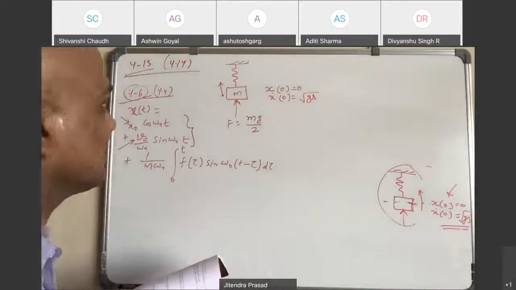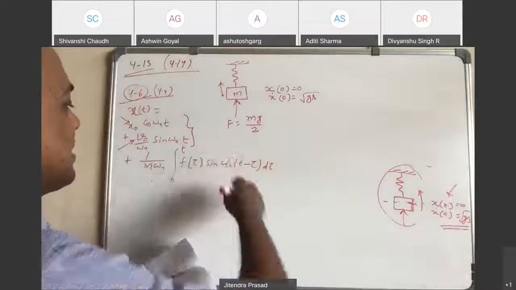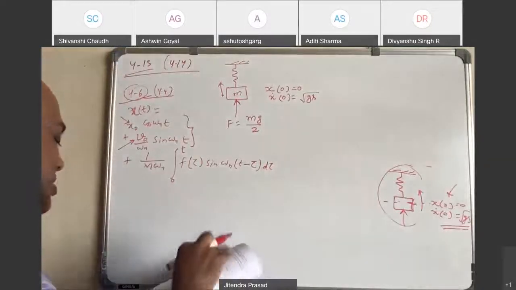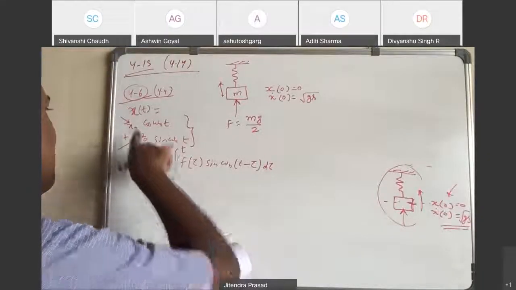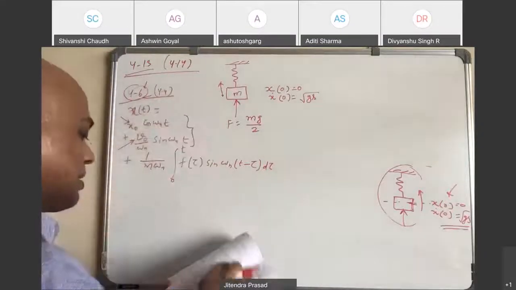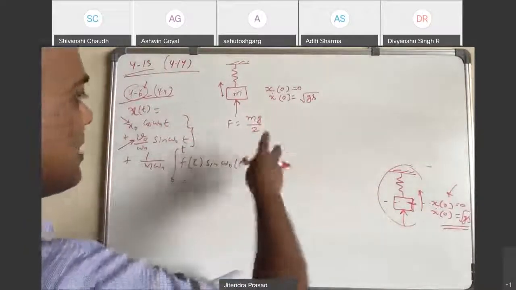If you have the initial condition, we can find out the solution applying this only. So one of the problems that we solved, 4.46 in your ebook, 4.4 in your paperback, same formula if you apply here, you can solve it.